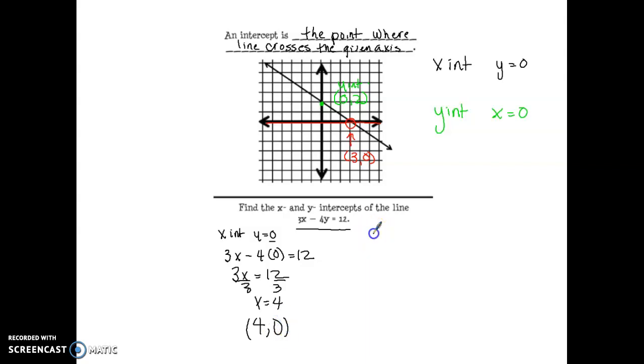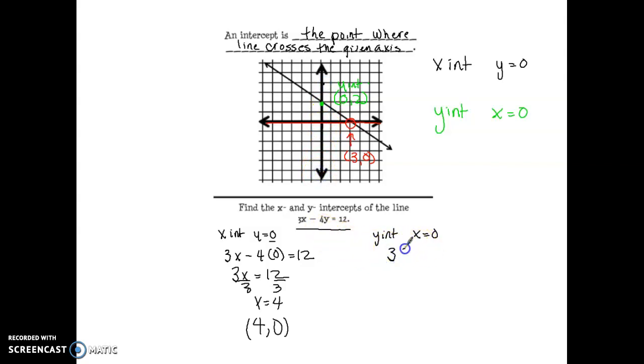Then I can find the y-intercept. When you find the y-intercept, that means x is 0, because you're crossing the y-axis and you haven't moved left or right. So you can substitute it into the equation of the line.